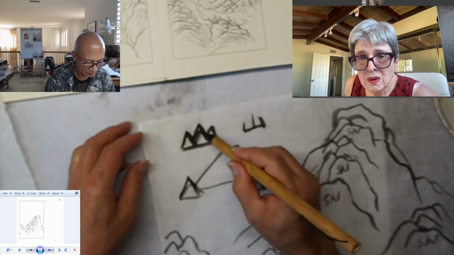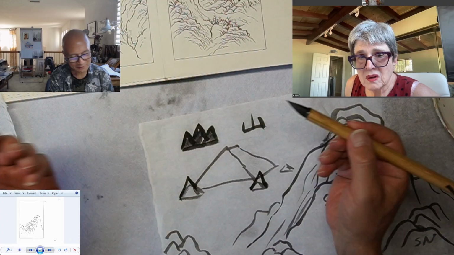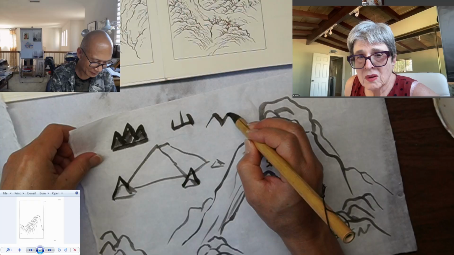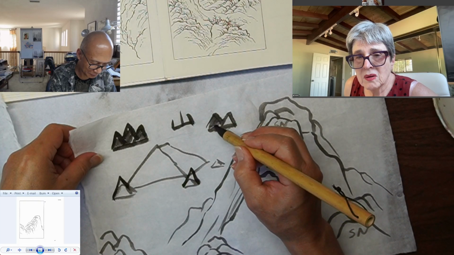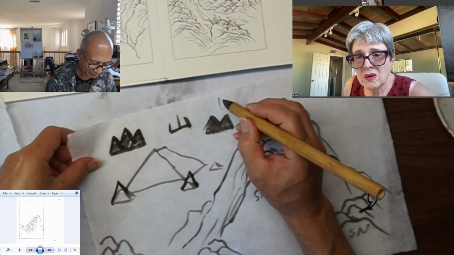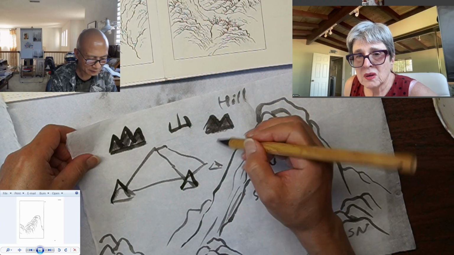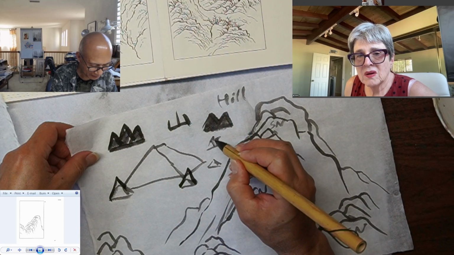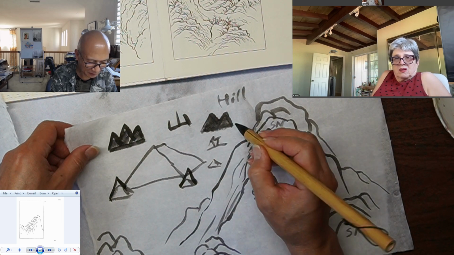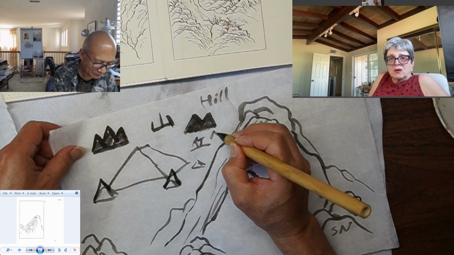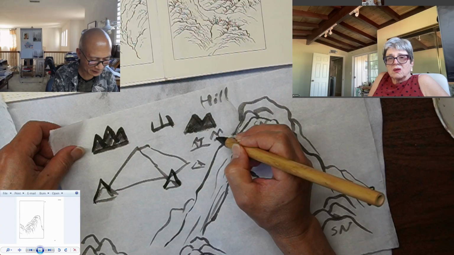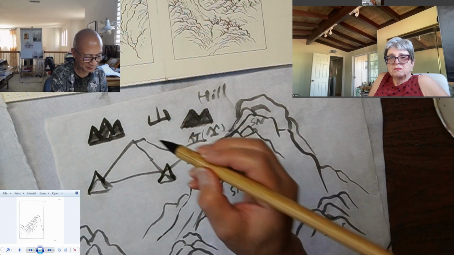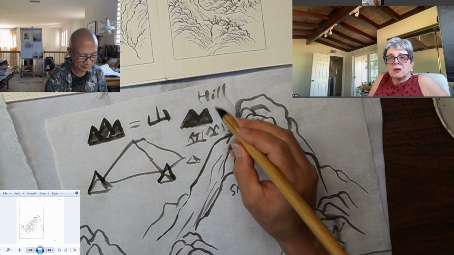This is the front view, and the wide one we call the hill. It's not very close to the original style, but the original pictograph is this. This is the mountain. This is the hill.